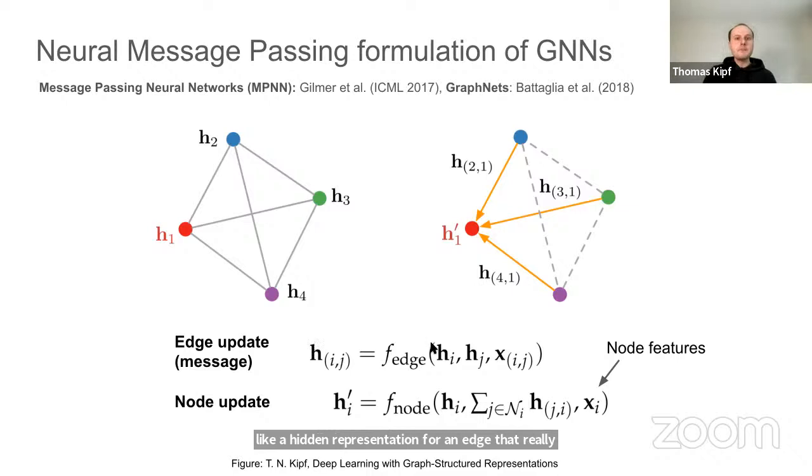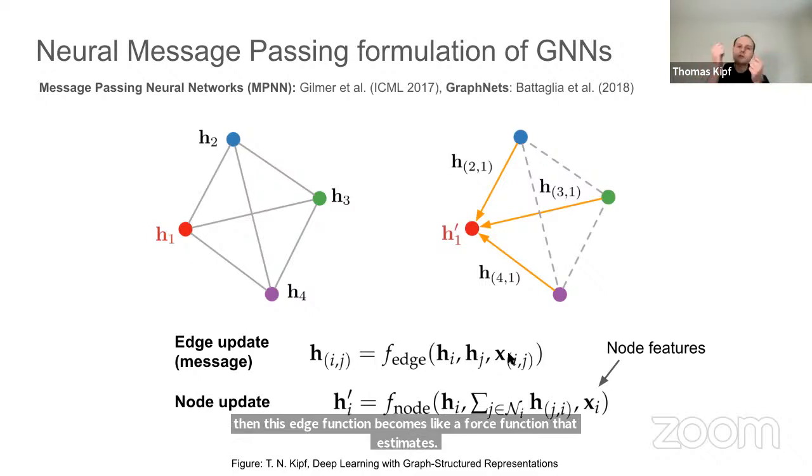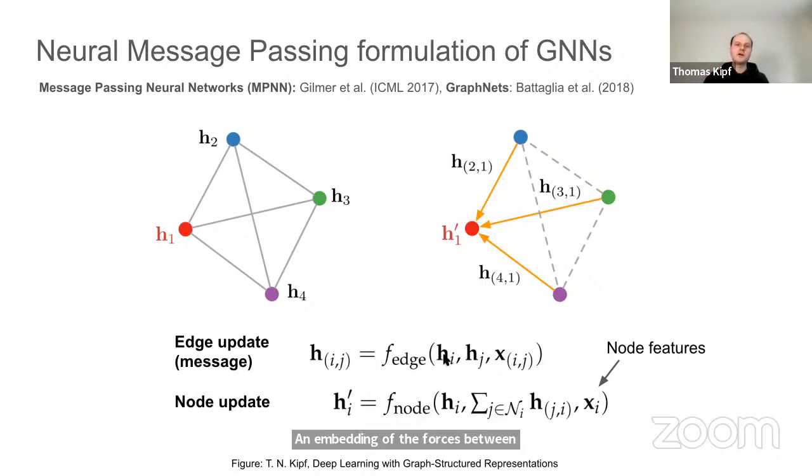If you apply this to a physical system, this could be the force or description of the force between two particles. And this is very often where this model is used, for describing physical systems. So then this edge function becomes a force function that estimates an embedding of the forces between two particles based on all the information you have.